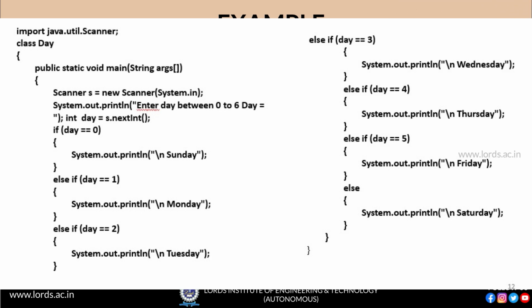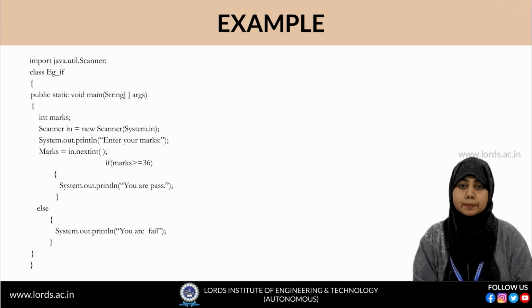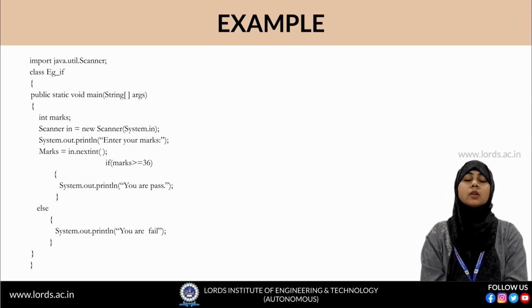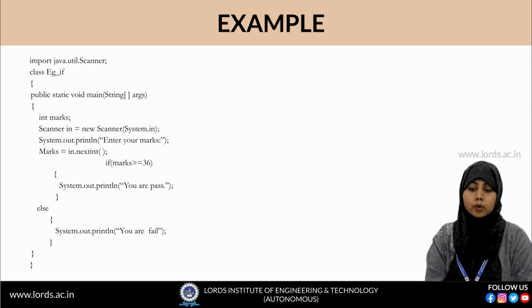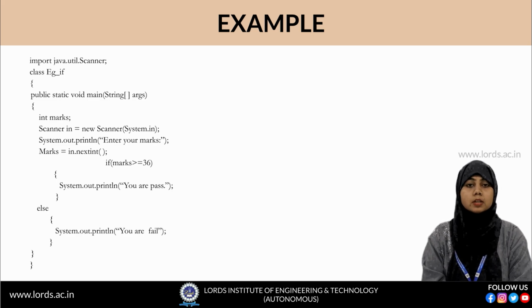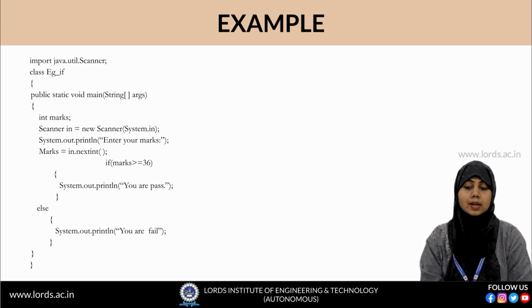Here you first need to learn the steps to write the Java program. Whenever we are taking any input from the user, at that time we have to call the util package. So our step 1 is calling the package using the import keyword: import java.util.Scanner, where util is the package in which the Scanner class is present.